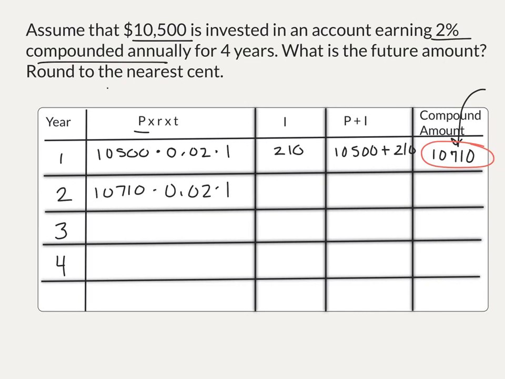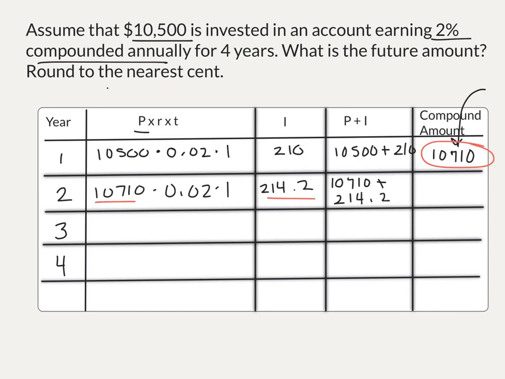So $10,710 times 0.02 gives me a value of $214.20. And then I'll add 10,710, which was my new principal amount, to the interest that I just found, which is $214.20.